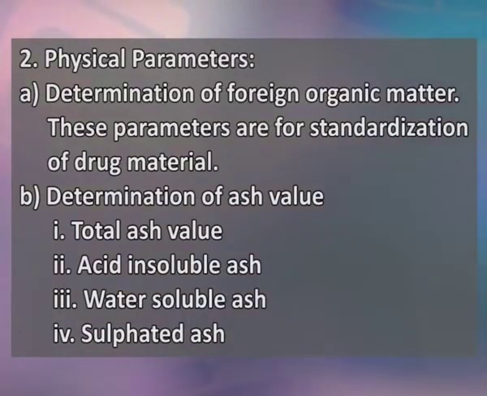Second comes determination of ash value. It includes total ash value, acid insoluble ash, water soluble ash, sulfated ash. Next to this comes determination of extractive value. It includes alcohol soluble extractive value, water soluble extractive value.